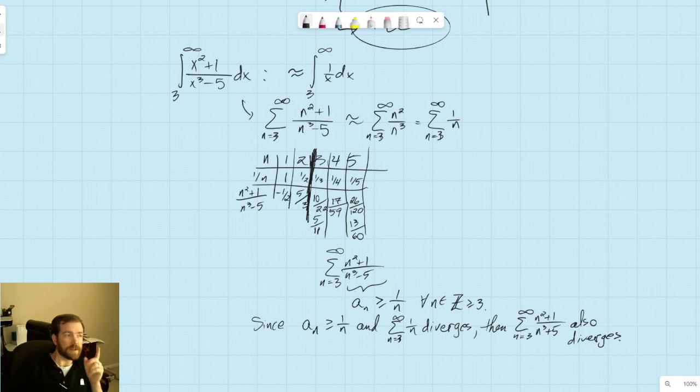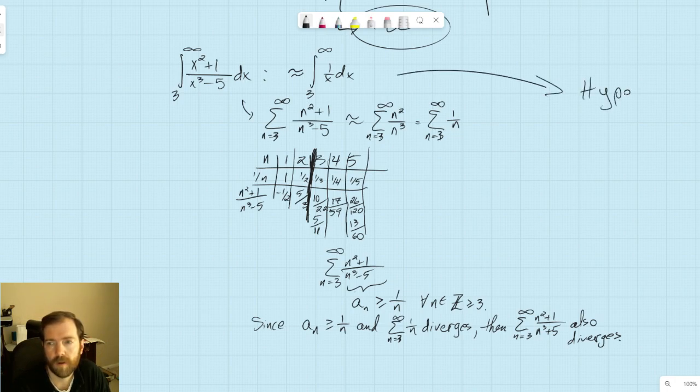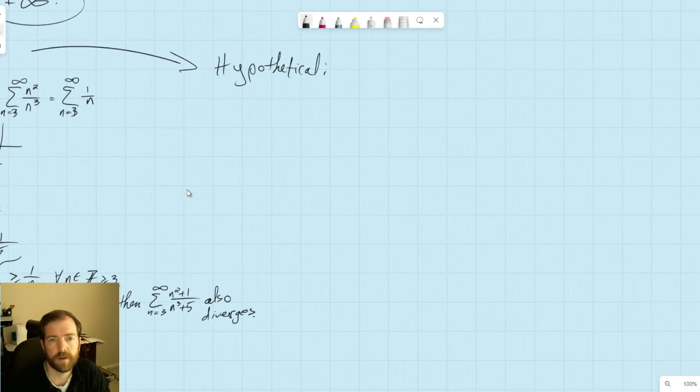So for instance, if I just change the bottom to be x to the 4th minus 5. So let's do a hypothetical here.